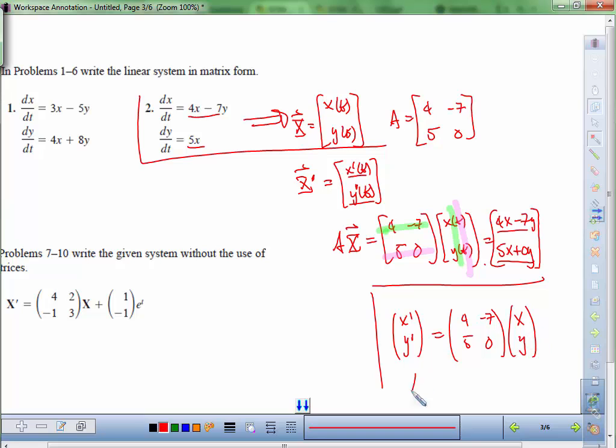And this is equivalent to saying x prime equals matrix A times x. Okay? And when you do this one or two times, you'll get the hang of it, and then you'll just peel out the coefficients, and it'll be a piece of cake.